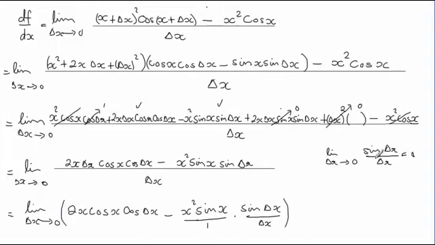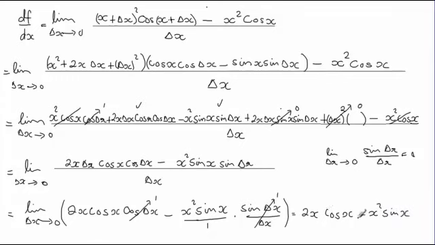Now, looking at this expression, we can see that sine delta x over delta x is going to approach 1, and the cos of delta x here is going to approach 1 also. So the limit here is going to be 2x cosine x minus x squared sine x.